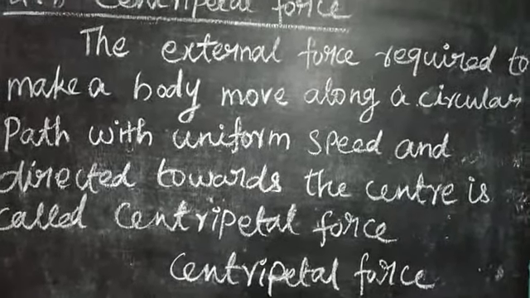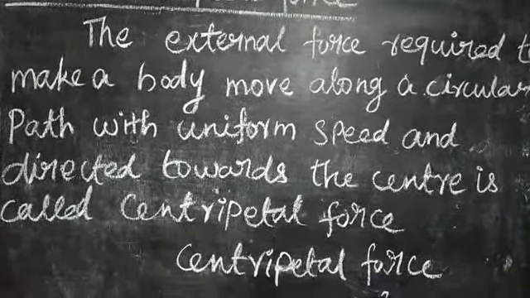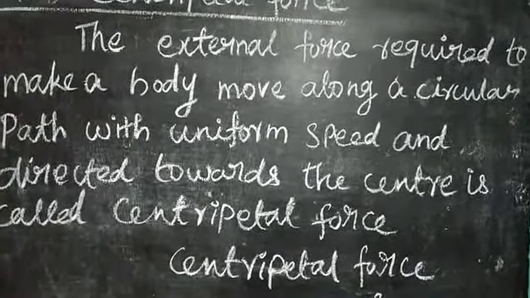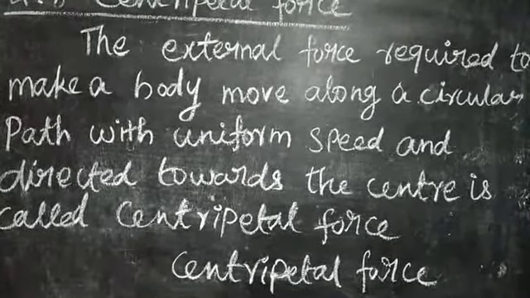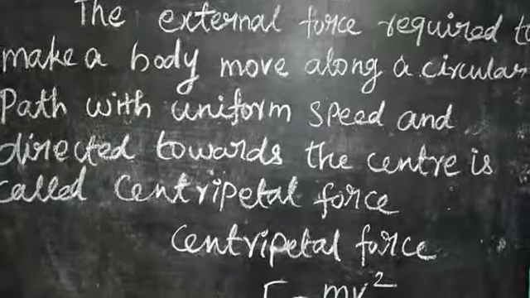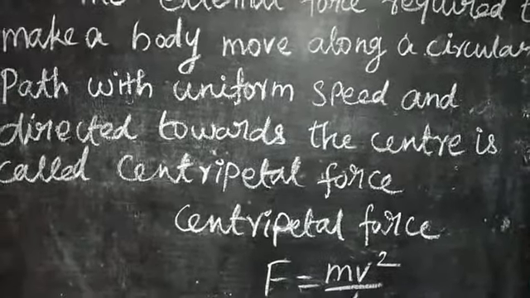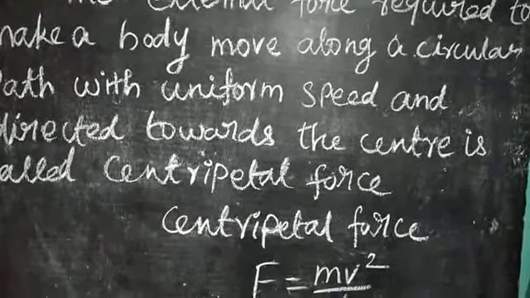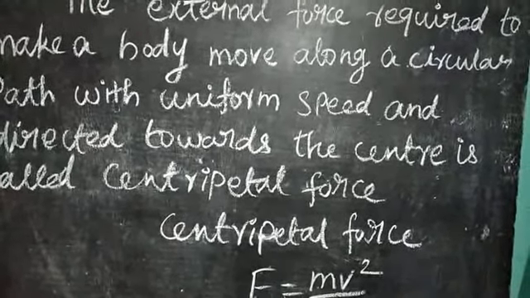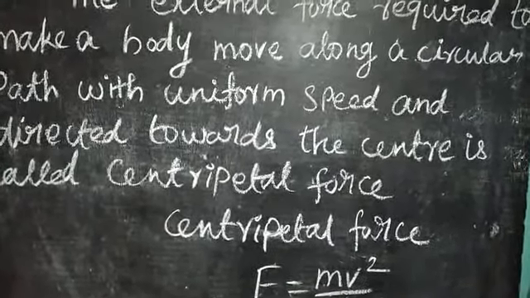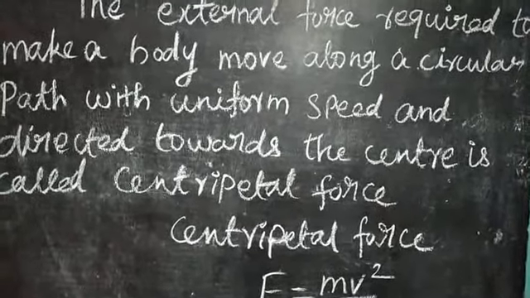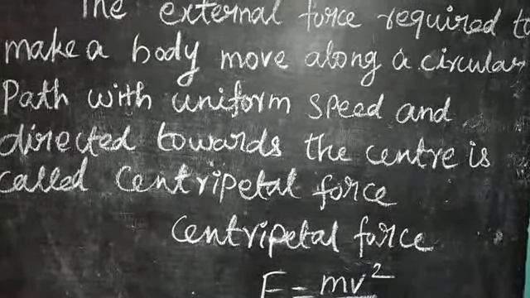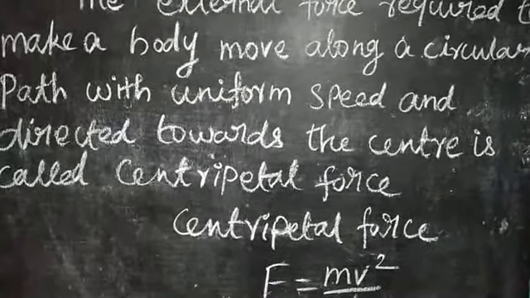Another example: all the planets revolve around the Sun. In between the Sun and the planet, gravitational force is acting. The gravitational force makes the planet revolve around in a circular path in its orbit. So here the gravitational force provides the centripetal force.